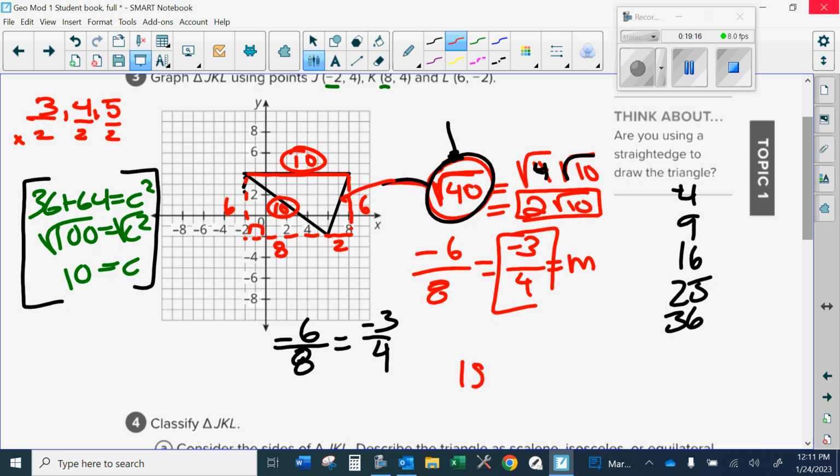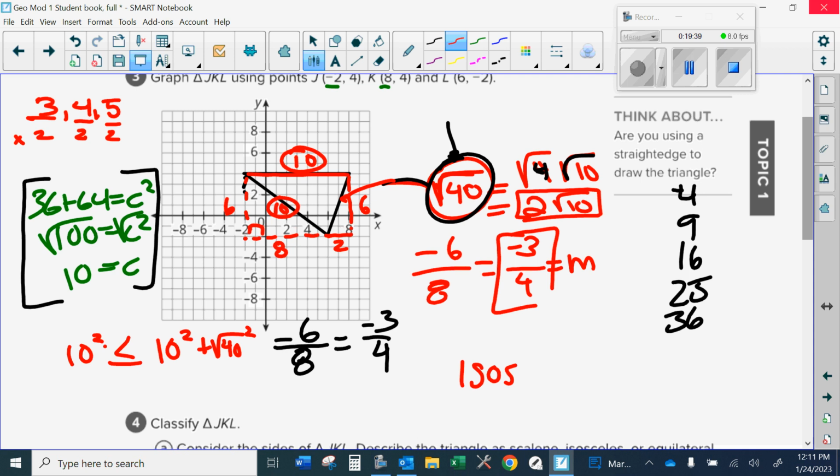Okay, isosceles. And now, since the longest side is 10, I would have 10 squared, blank, the other two sides: 10 squared plus square root of 40 squared. Well, obviously that's less than.